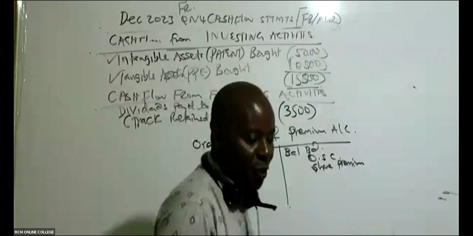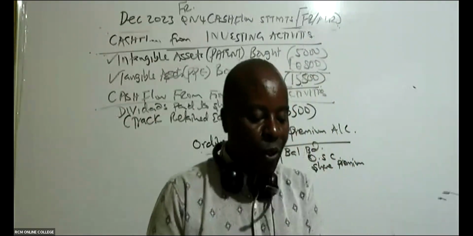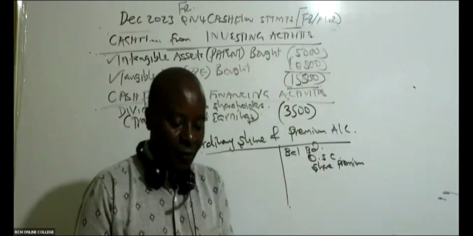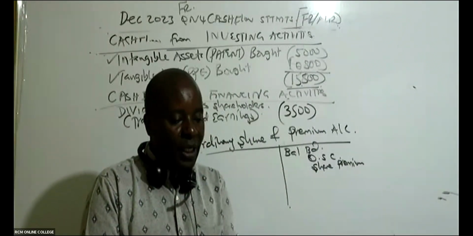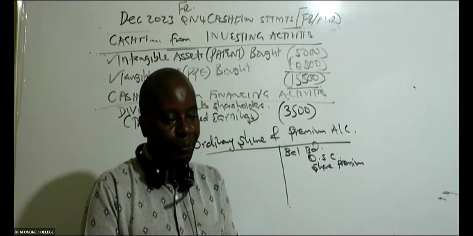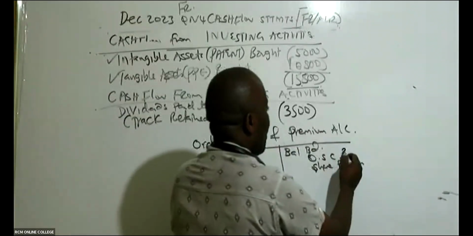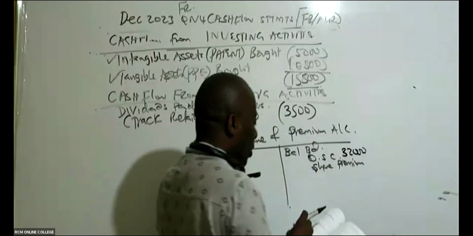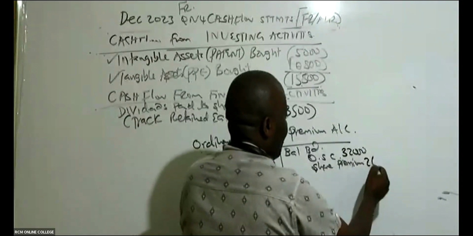Very fast. So in this question, are you able to see the ordinary share capital from the balance sheet? Is there somebody who can see the ordinary share capital brought down, 32 something? 32,000. How about share premium brought down? If you look down there, you can see 2,600.